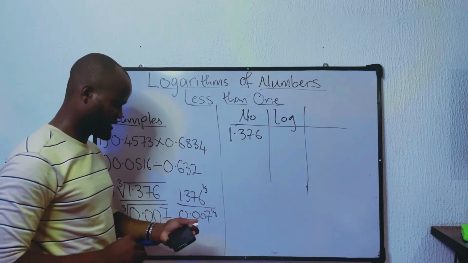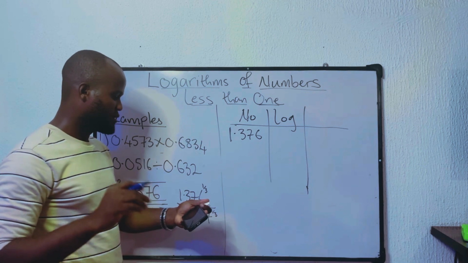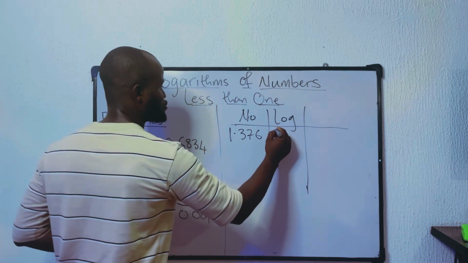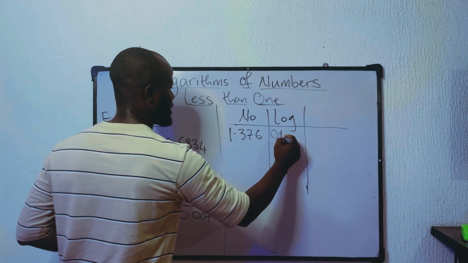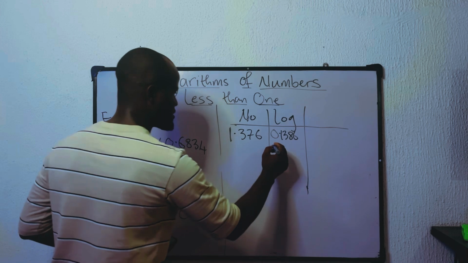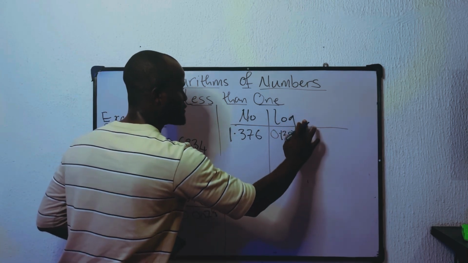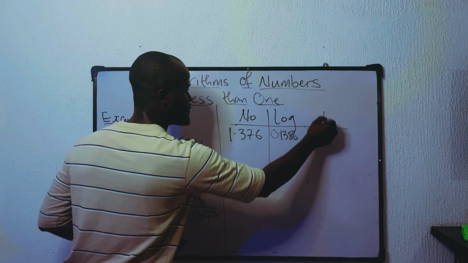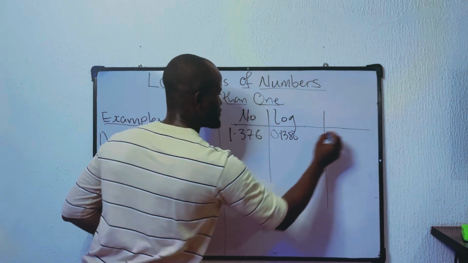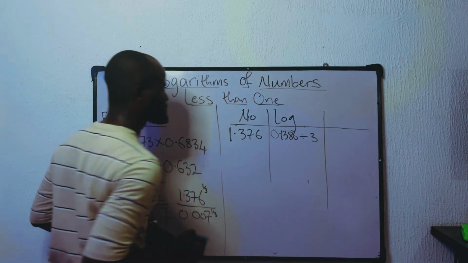We just put it directly into the calculator, and that gives us 0.1386. So this will be divided. Let me increase my column. So this is going to be divided by 3.